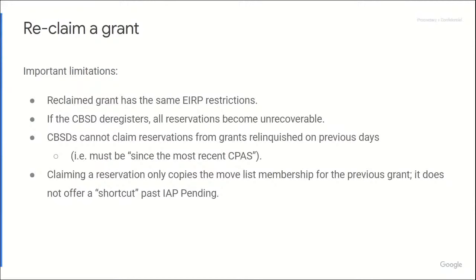So on day one, your CBSD may be impacted by an aircraft carrier that's on a move list that's pretty far away. After CPAS on day two, once the SAS has determined that your CBSD is far enough away to not have any impact to that aircraft carrier, then on day two, you actually won't get taken off of that.